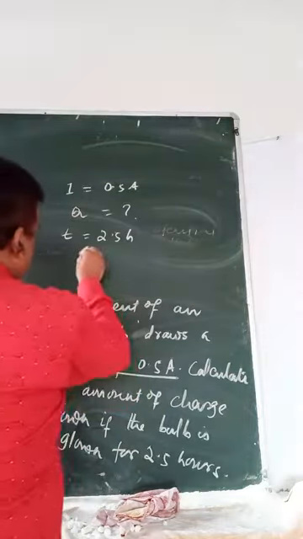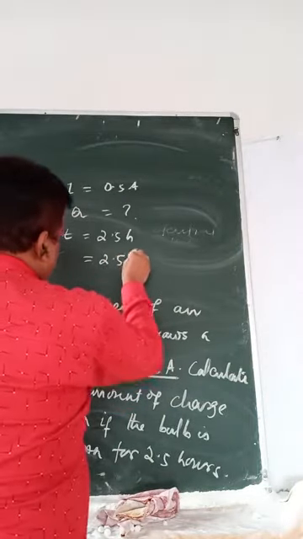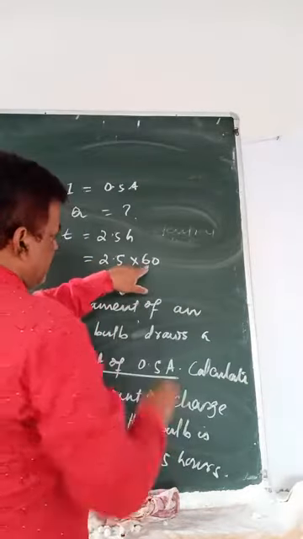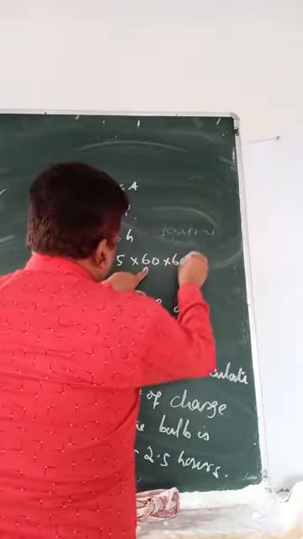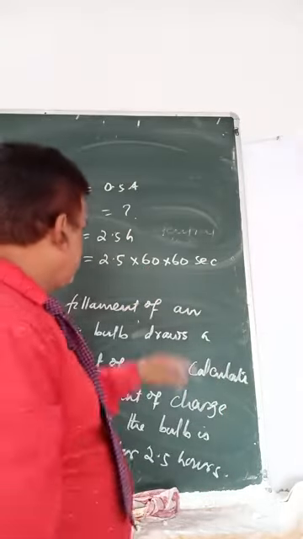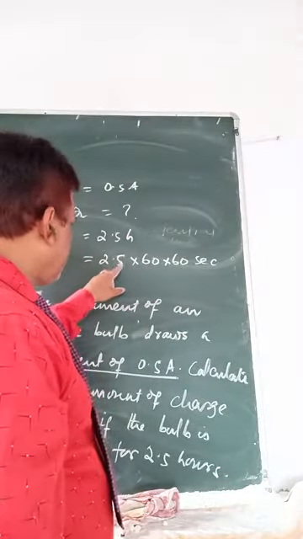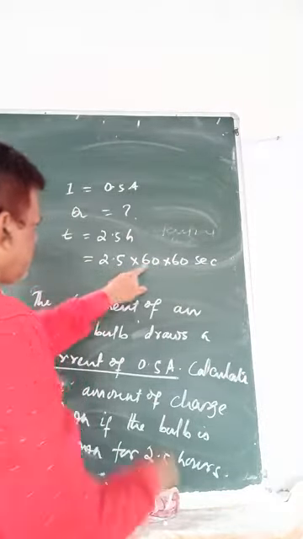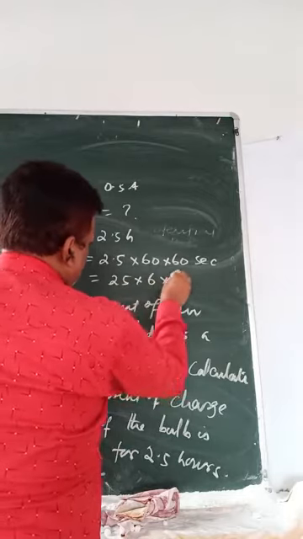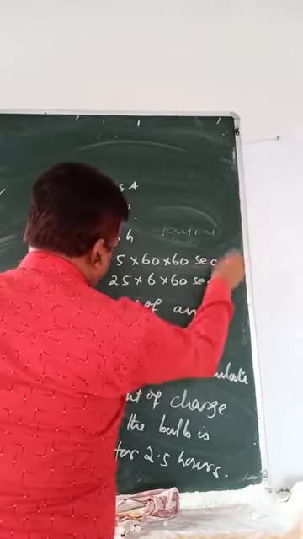So 1 hour equals 60 minutes, and 1 minute equals 60 seconds. So 60 into 60 is in seconds. Now see a technique. 2.5 means one digit after the decimal, so you can remove the 10 and it will be 25. Don't multiply 6 into 60 seconds yet.